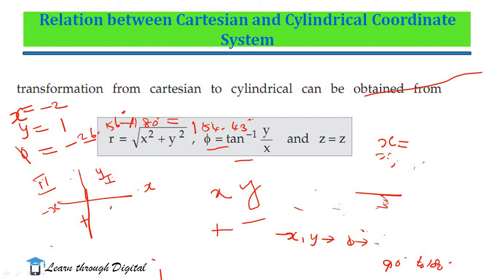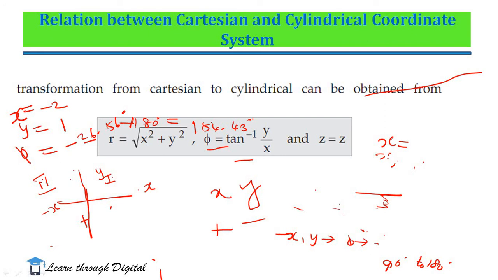Next case, when y is negative and x is positive, then phi is in the fourth quadrant, that is from 0 degree to minus 90 degree. It is nothing but from 270 degree to 360 degree. Similarly, when x is negative and y is also negative, the point is in the third quadrant, and accordingly phi must be between plus 180 degree to 270 degree.